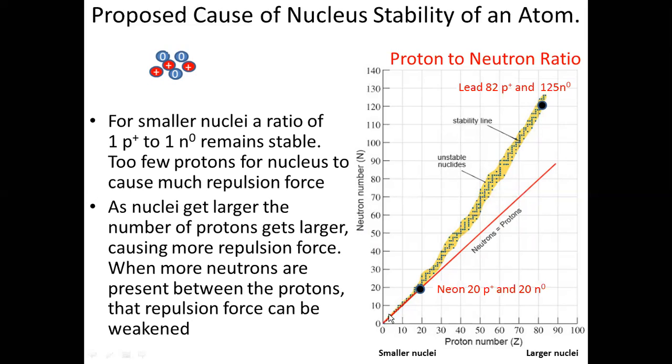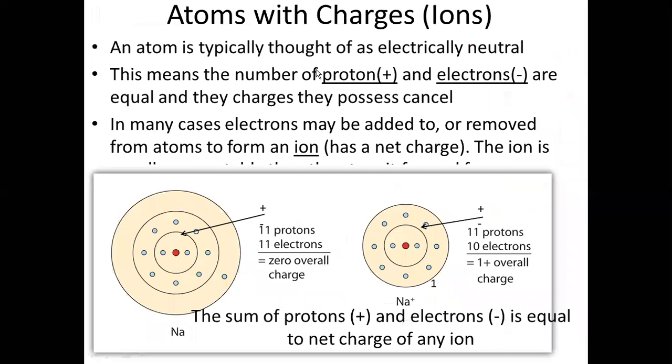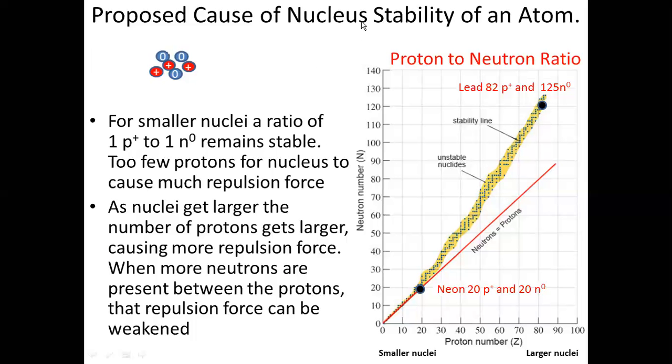The graph shows that the ratio changes away from this straight line of wanting to remain 1-to-1, and this is our reasoning for that. For smaller nuclei, the 1-to-1 ratio is favored over here on the left of the graph. As we get closer to the right of the graph, we get larger nuclei, and that 1-to-1 ratio becomes less favorable. These are the ideas that I wanted to make certain we covered in today's lesson.